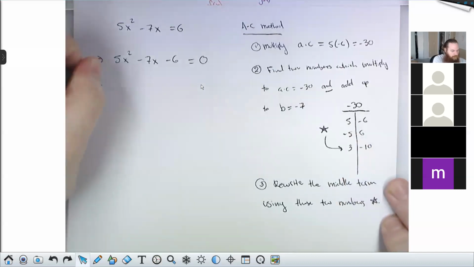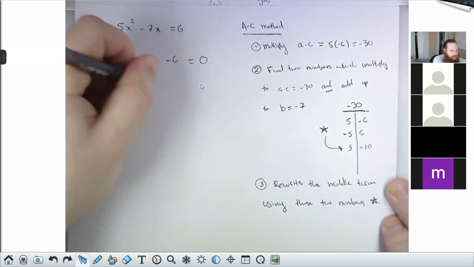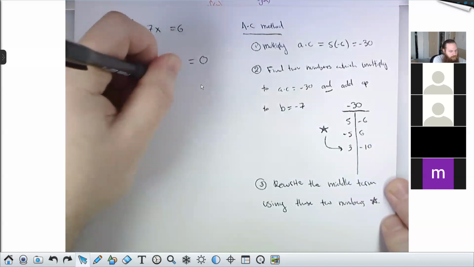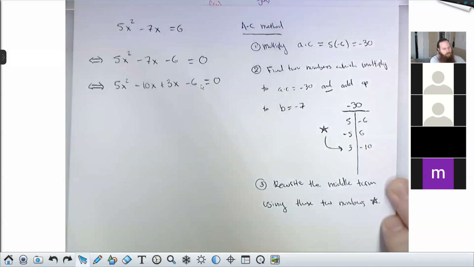So what I mean by that is we're going to come back here and rewrite this as 5x squared minus 10x plus 3x minus 6 equals 0. I can do that because these add up to negative 7. So negative 7x really is the same as negative 10x plus 3x, because negative 10 plus 3 is negative 7.